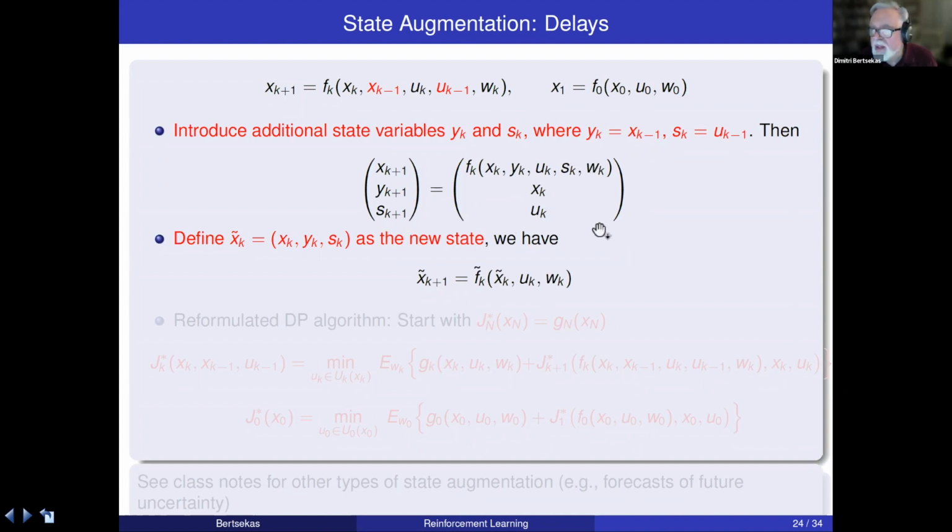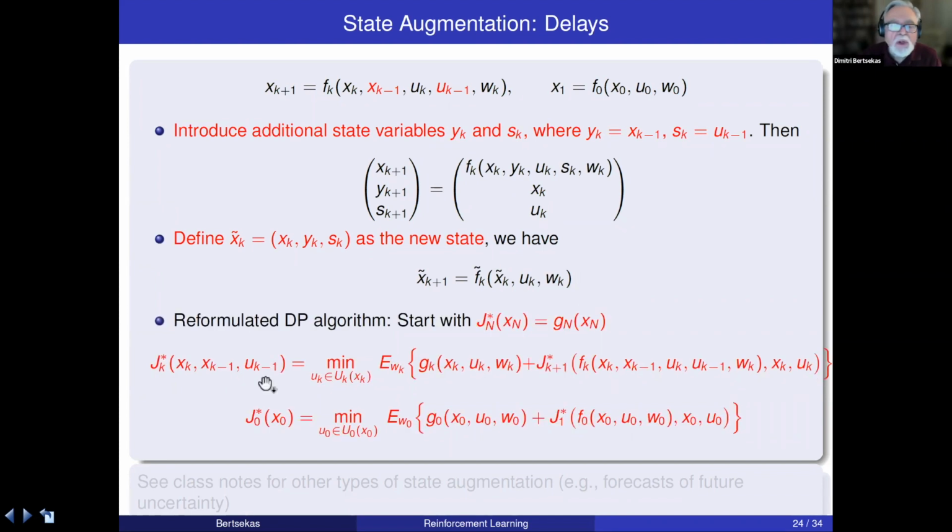So this is a correct equation. And now we can define as augmented state xk together with yk and sk. And then if we call this overall function f tilde, the new augmented state evolves as a function of the previous augmented state, the control, and wk. So we can get into a framework and we can write a dynamic programming algorithm for this augmented state problem.